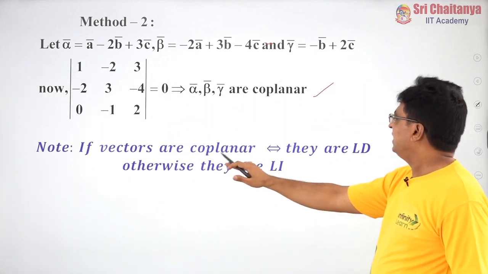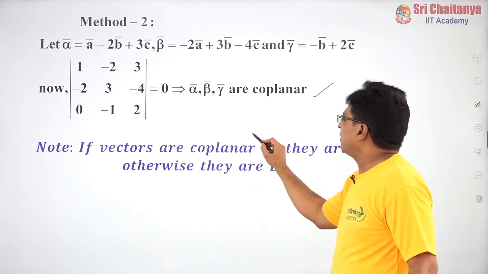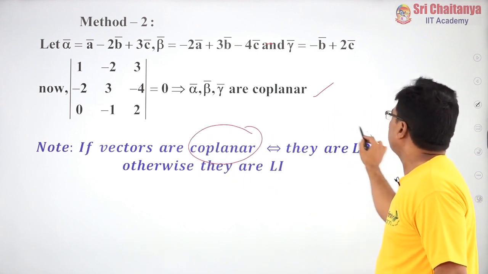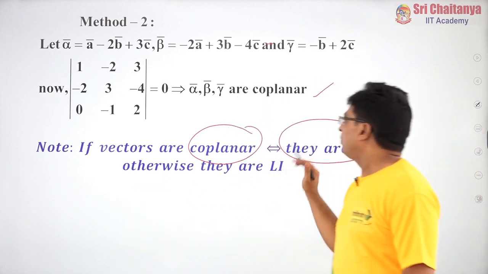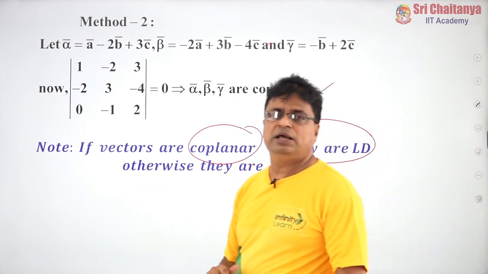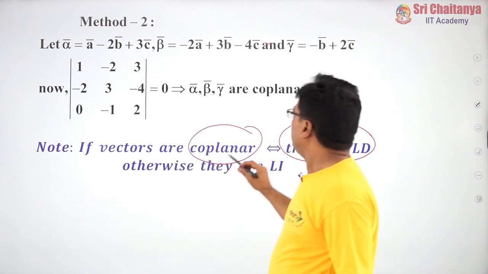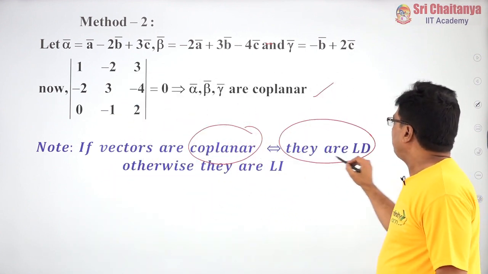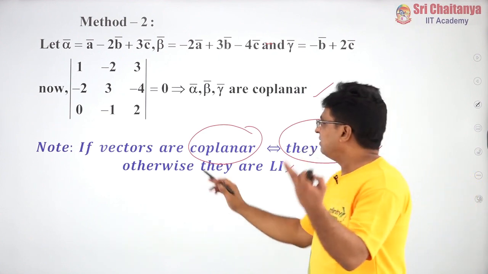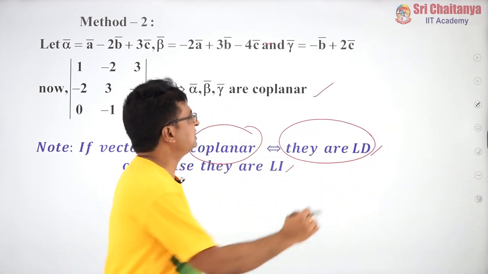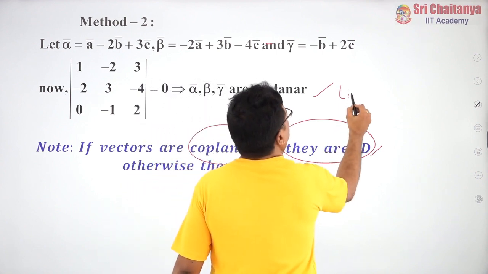Now, my friends, if the vectors are coplanar, in another language, they are all linearly dependent. If vectors are non-coplanar, then the vectors are linearly independent. So, if they are asking to find linearly dependent or linearly independent, linearly dependent is nothing but the vectors are coplanar. LD means linearly dependent.